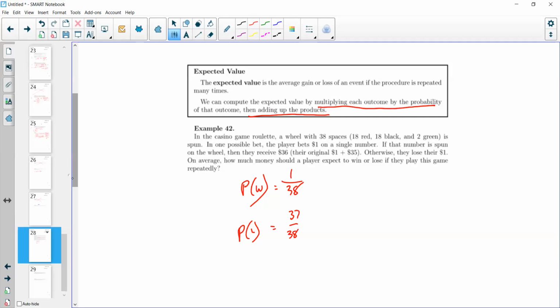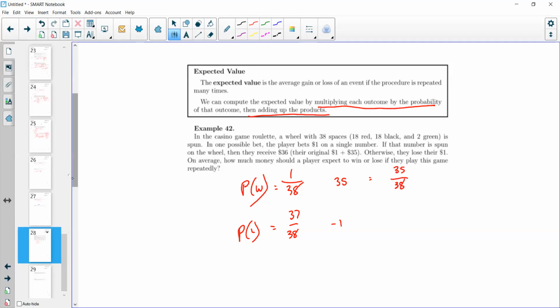Now, if you win, what is your net gain? 35. Your gain is $35, right? If you lose, what is your loss? So -1.